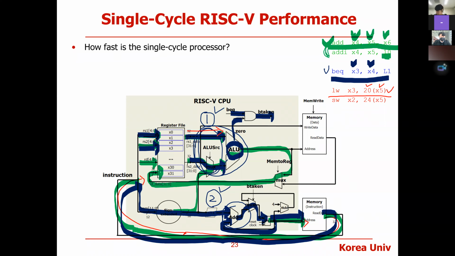First source operand X5 is provided, and the second source is taking that path, which is the 20 immediate. The ALU is doing an addition operation to provide that memory location, X5 plus 20. Then memory in response is providing data, which should be supplied to the register file.